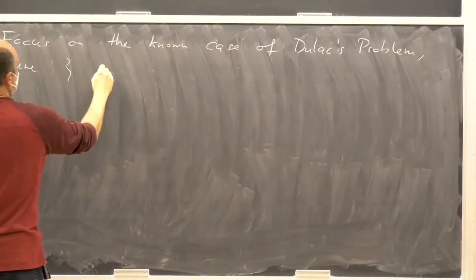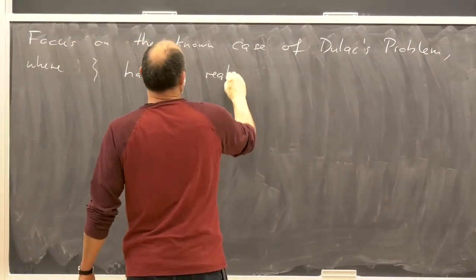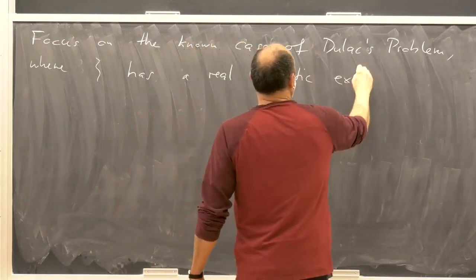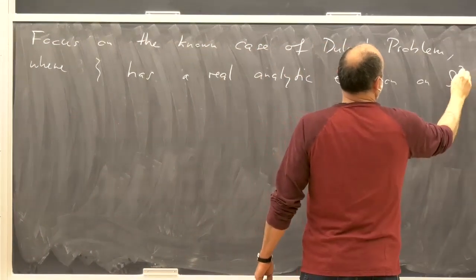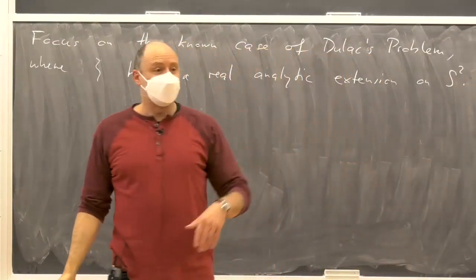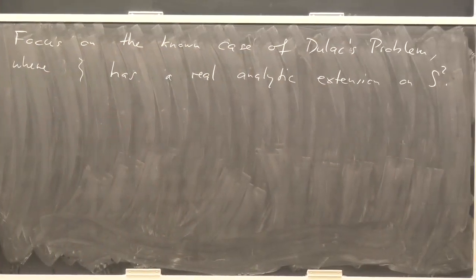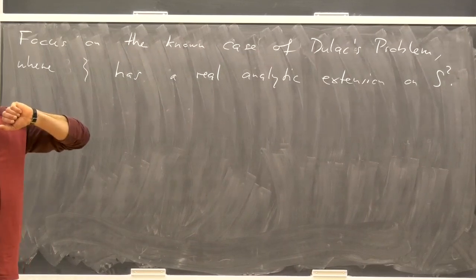Where C has a real analytic extension, so it's not just real analytic, but has a real analytic extension on S2. In other words, one point at infinity has to be included in the picture, and it has to be real analytic there as well.